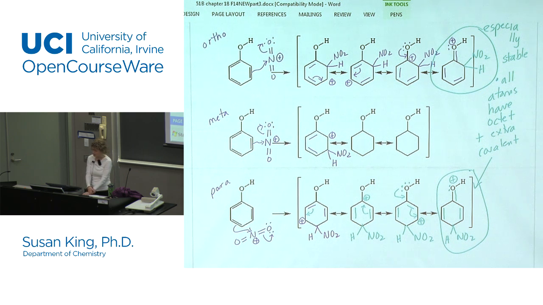If the group goes on in the meta position, there's only the normal 3 that we usually draw. So it will look like this. And then we can go here, and that will look like this.